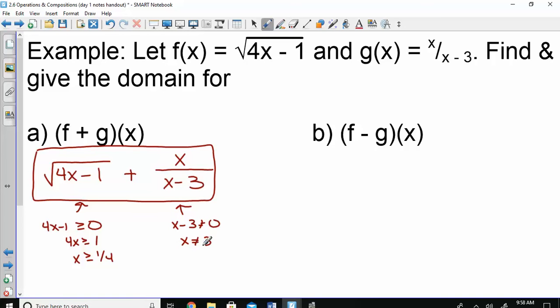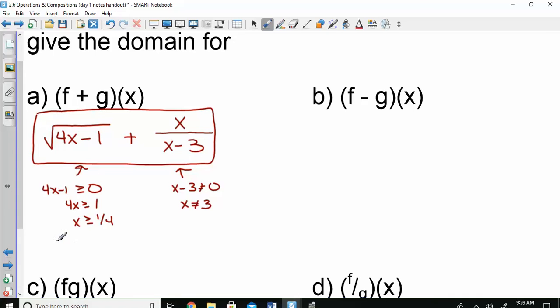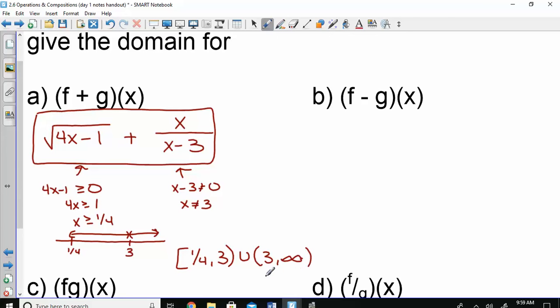So x cannot be 3. So if we put those together, the first one says greater than or equal to 1/4, but the second one says you can't have 3, so you have to take out that 3. So it would be from 1/4 to 3. The 3 has to get a parenthesis because it can't equal 3, union 3 to infinity.